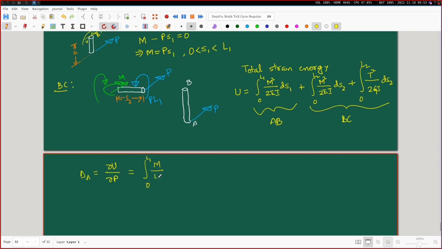So this is integral of M by EI del M del P ds1, plus integration 0 to L2, again M by EI del M del P ds2, and I'm not writing the intermediate steps for this, even though I have not done it before. So the del P of this can similarly be done. It is going to be twice T by twice GJ. The 2 will cancel and then we'll have del T del P.